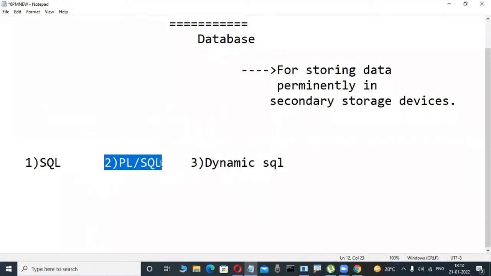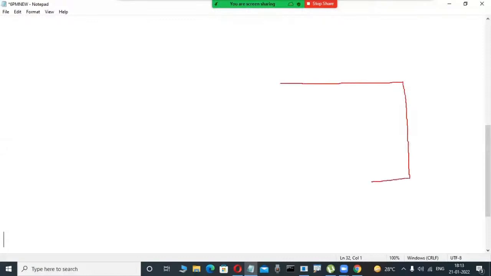Why is this language required? Because of so many applications. For example, if you are a first-time newcomer, how will you understand? Concentrate here. Just for an idea, I am telling you some applications. Daily, so many people go to banks for depositing or withdrawing money.